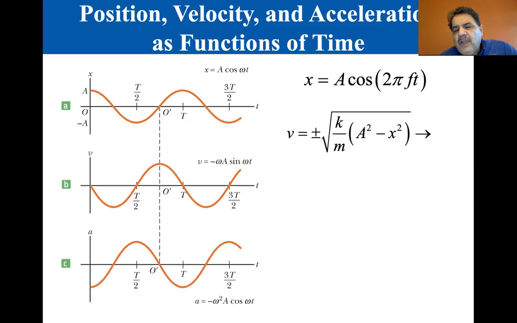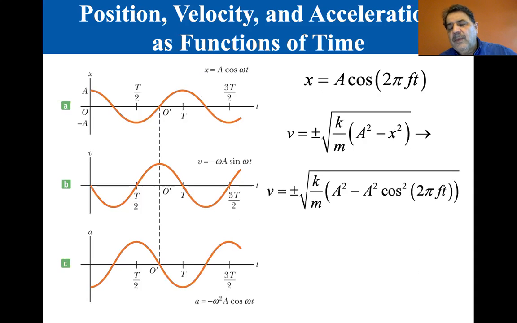Now, we had earlier that v equals plus or minus the square root of k over m times a squared minus x squared, all under the square root. And so if x equals a cosine 2 pi f t, x squared is a squared cosine squared of 2 pi f t, and they're just doing that substitution.